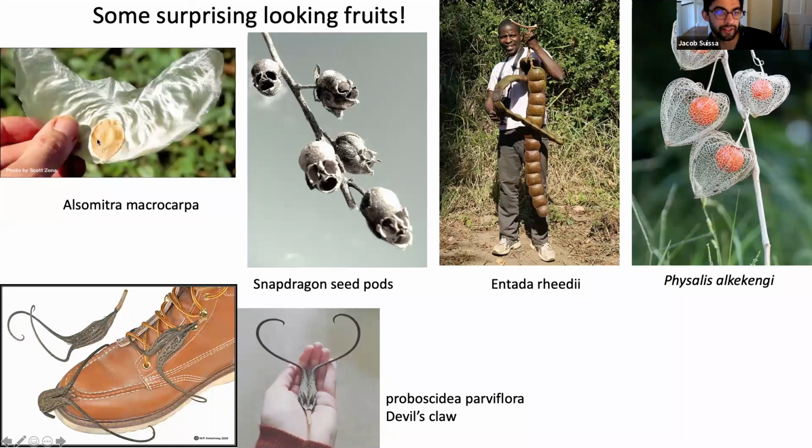You have these winged seeds of Alsomitra, which is a cucurbit, related to cucumbers and things like that. And then you have these weird fruits that look like they're out of an alien movie, but they bind on, they're hitchhikers essentially. And I think that's all I got.